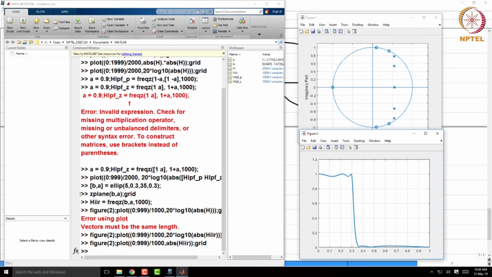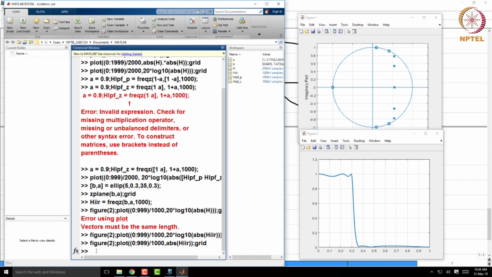Now, let me plot another low pass filter.